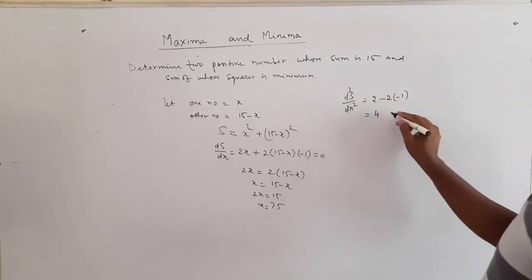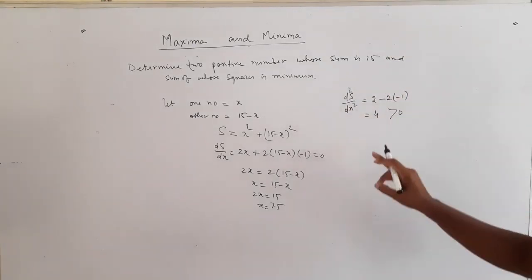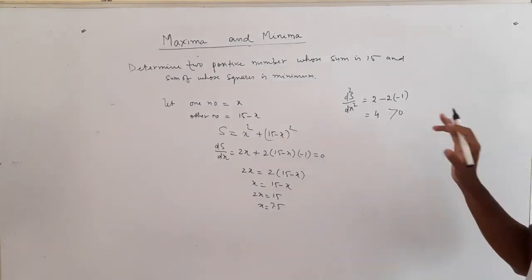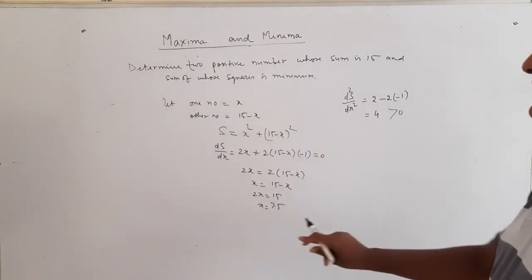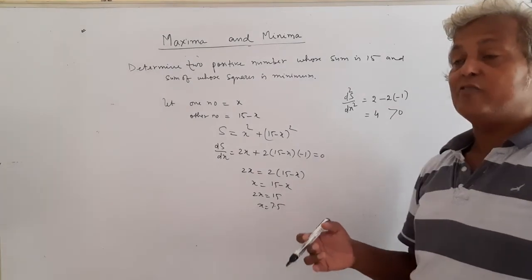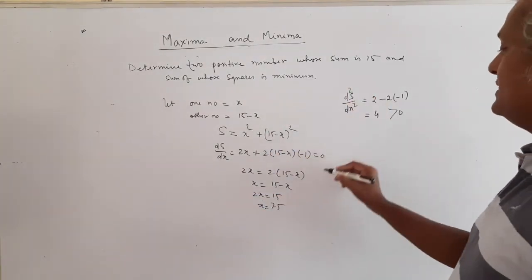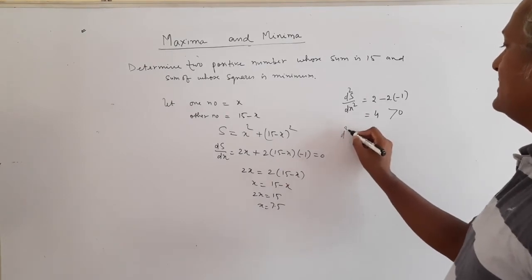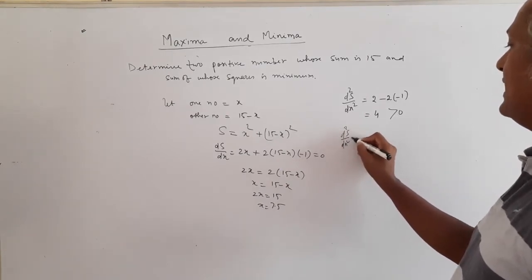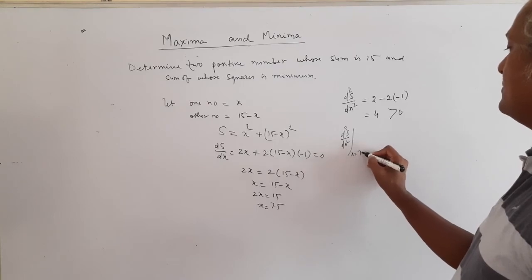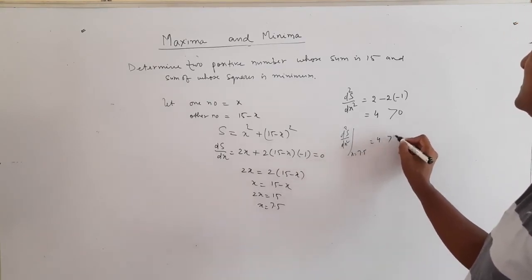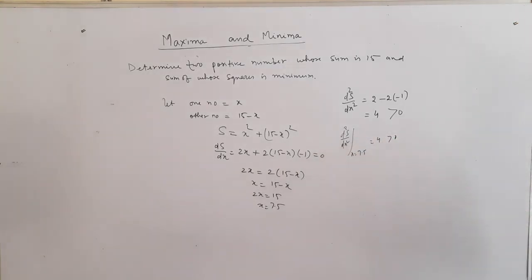It means this is always positive and does not have any x, it's independent of x. So whatever the value of x, whether it is 7.5 or any number, this is always a minimum. Even at x equal to 7.5, this is also 4, which is greater than 0. So this is the minimum value.